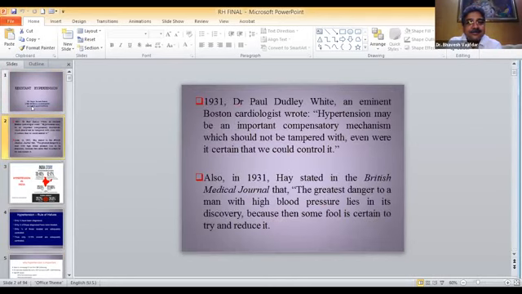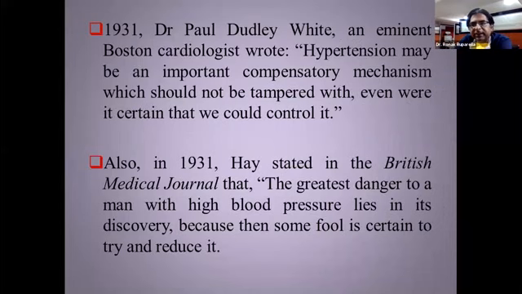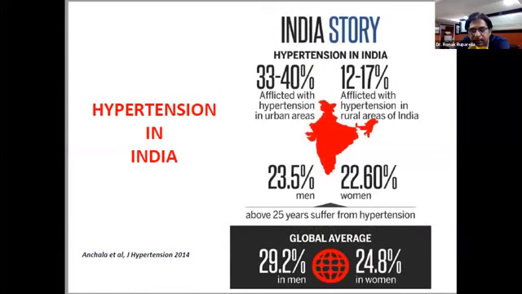So the concept of hypertension: initially people thought that it was just a compensatory mechanism and it was not pathological. Someone even said that the greatest danger to a man lies in the discovery, because then some fool will try to reduce it. Now we all know the incidence of hypertension is increasing.